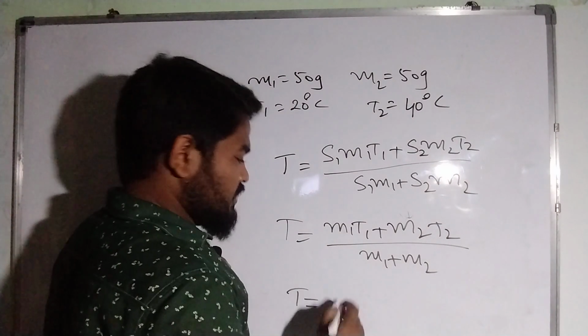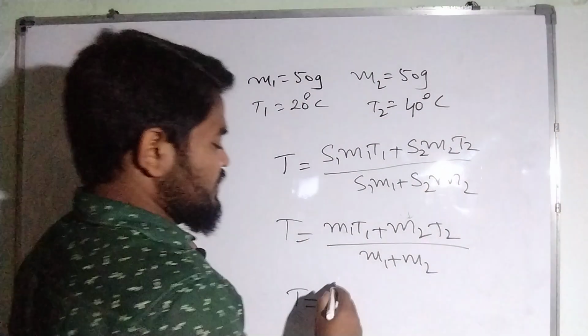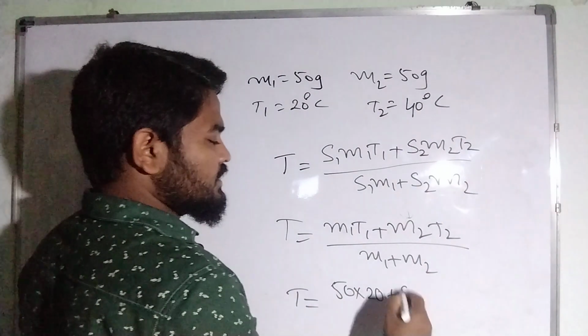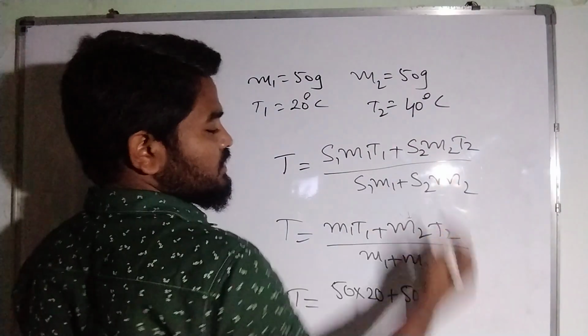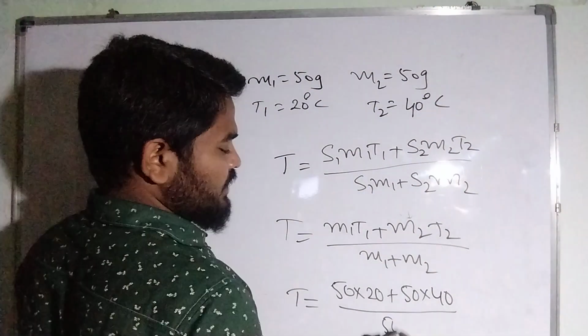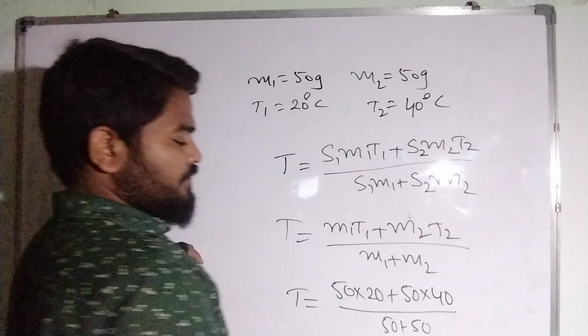So t is equal to m1, in the sense 50, into t1, in the sense 20, plus 50 into t2, in the sense 40, by 50 plus 50, right?